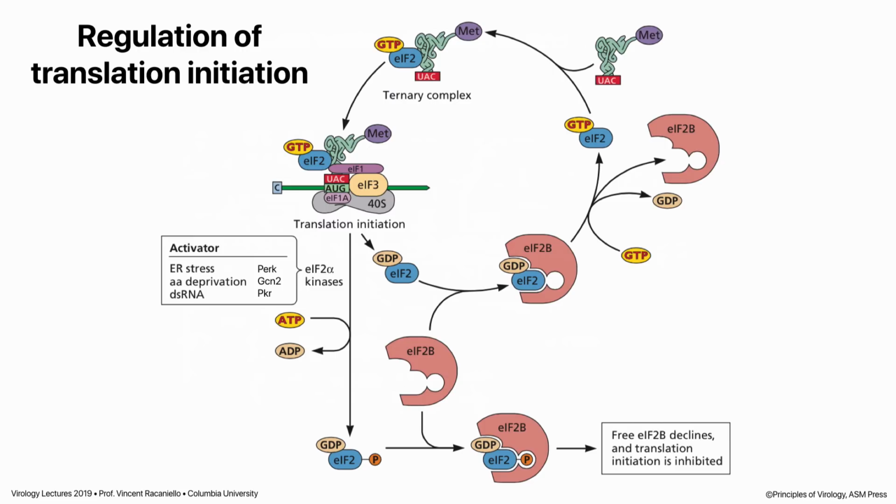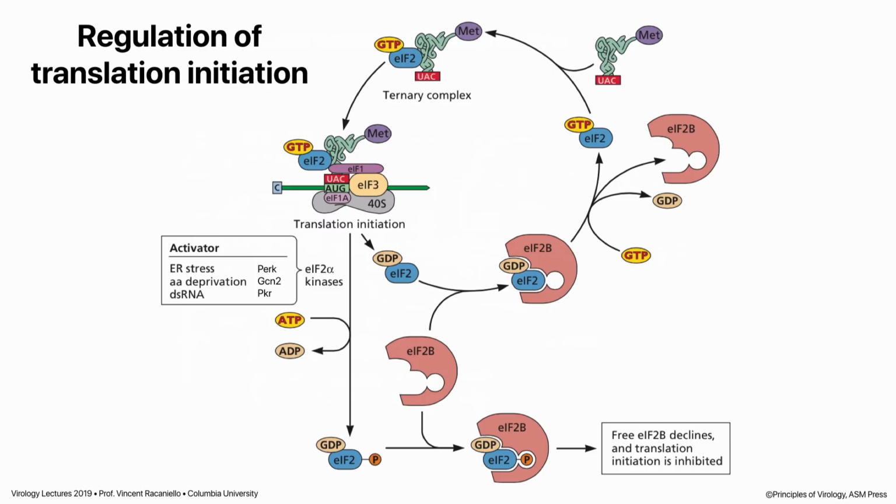It can't be exchanged because the phosphate makes this complex bind EIF2B too tightly, and it cannot be recycled for GTP. And so what this effectively does is reduce the amount of free EIF2B, so all recycling of EIF2 stops and translation is inhibited.